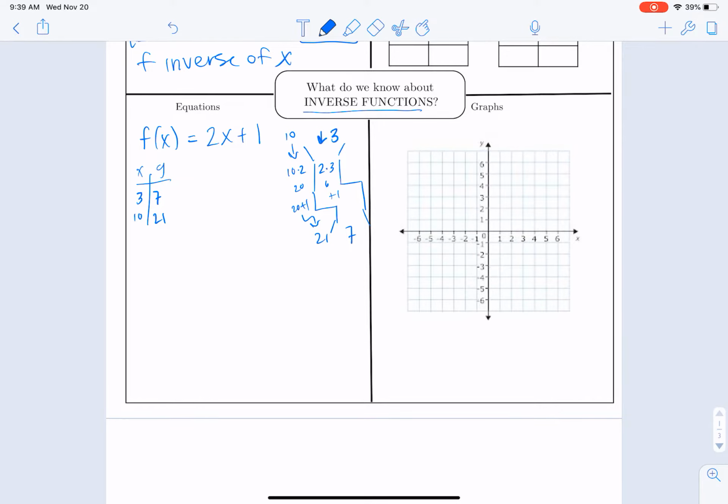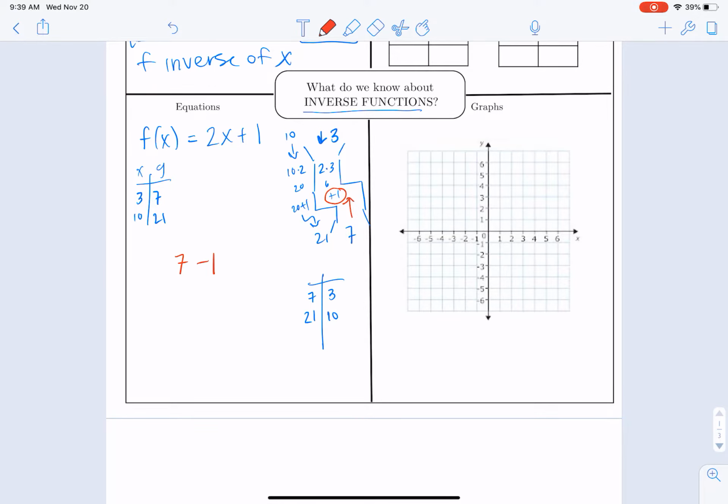So my inverse function is what happens if I input 7, I want to output 3, and if I input 21, I can output 10. So what am I doing here? How can I take this 7 and go backwards? Well, the first thing that I'll need to do to 7 is subtract 1, because I want to go backwards and do the opposite.